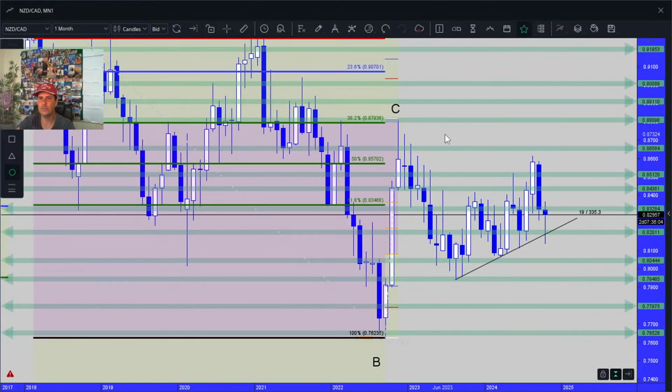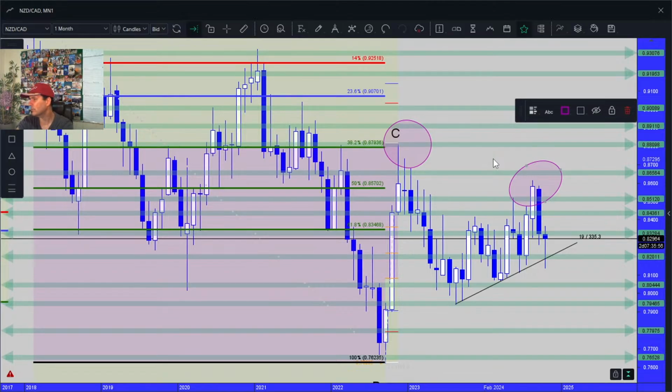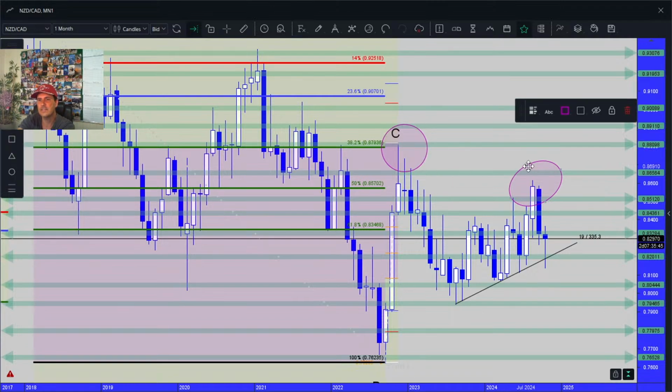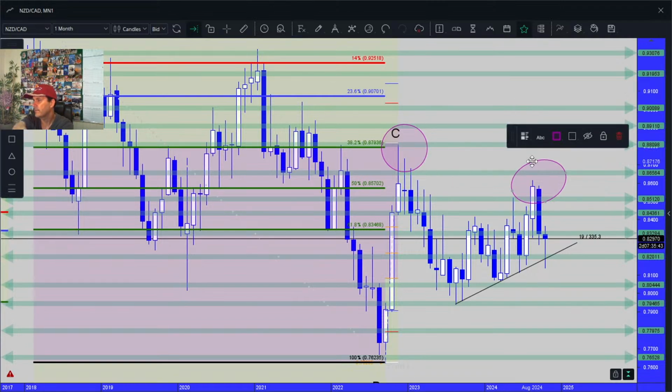Would you start the Fibonacci of the confirmation at the first circle or at the second circle? Where would you start? Same rules apply? And there is right or wrong.